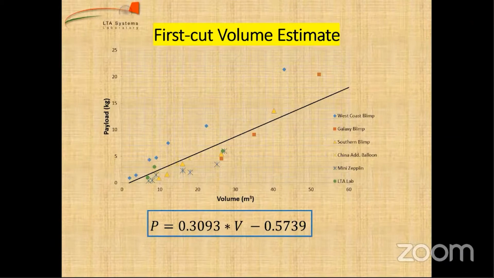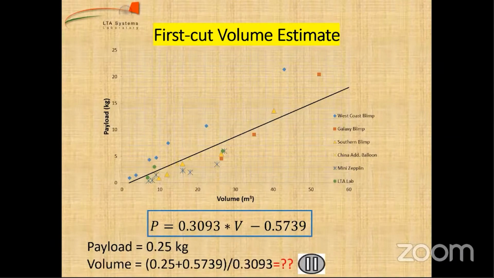If we put our payload as 250 gram, that is 0.25 kg, what volume will we get using this formula? This is fairly easy. You can do it now on your calculator and tell me the value you get for the volume.